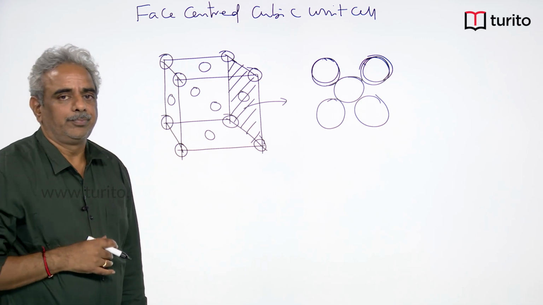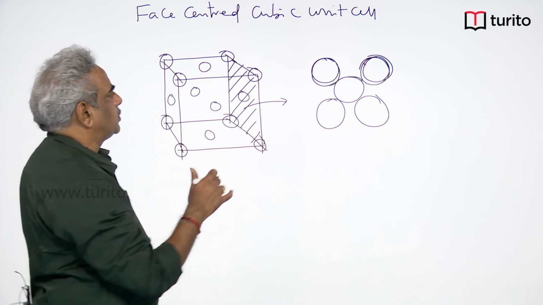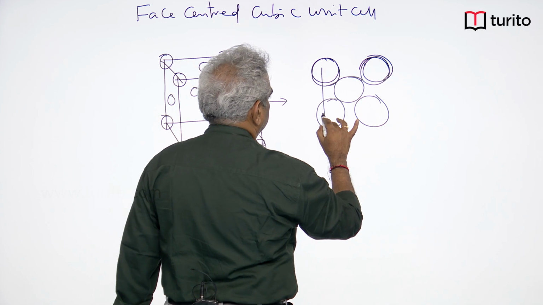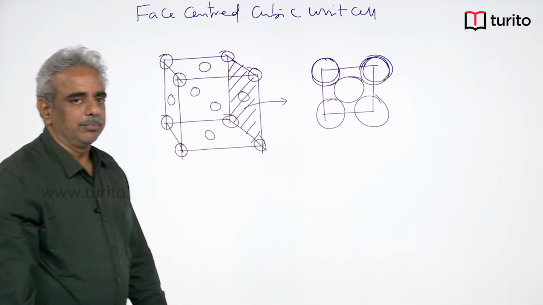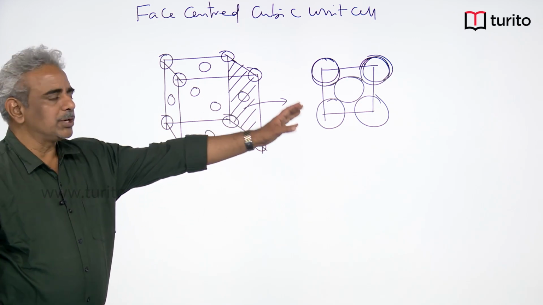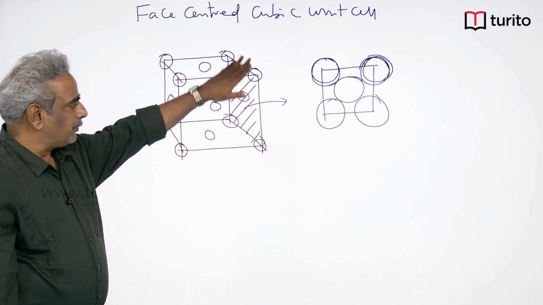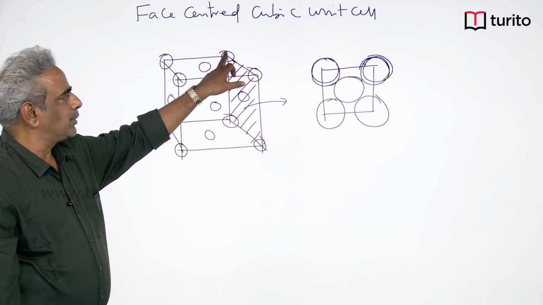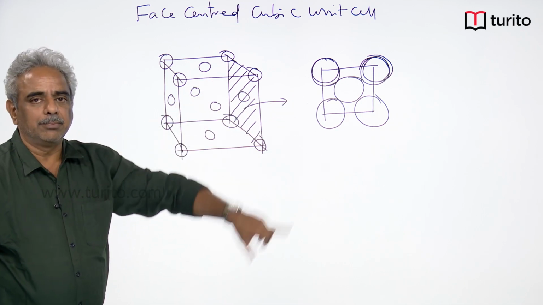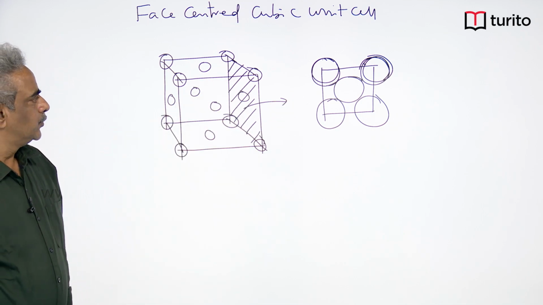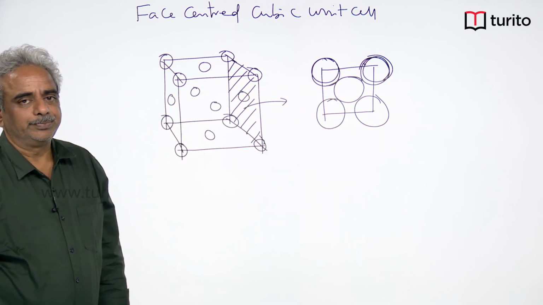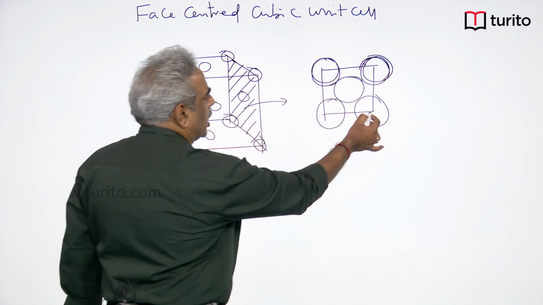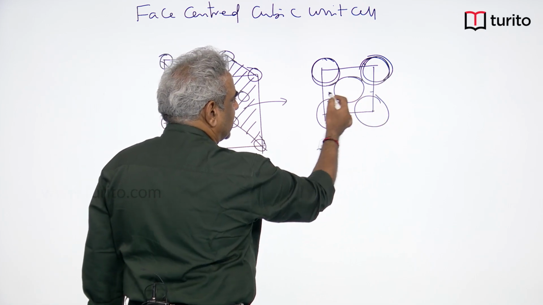See what happened. These 4 are the corner atoms. This is the face center atom. So what do you understand? In the face, all the corner atoms are in contact with the central atom, and the corner atoms are not in mutual contact. There is no contact between the corner atoms, there is a gap.